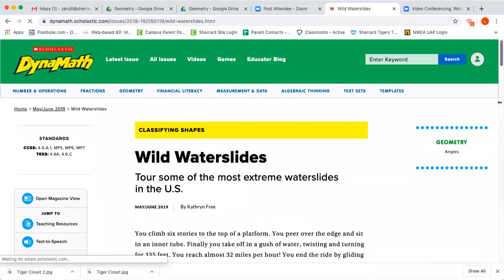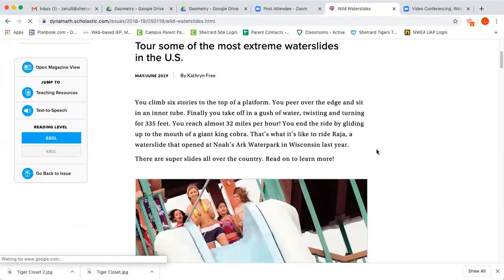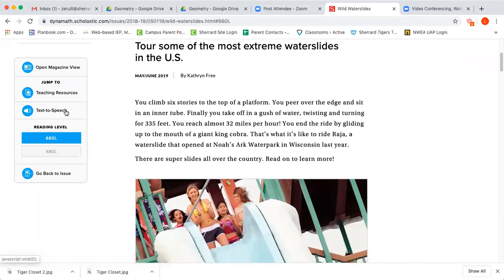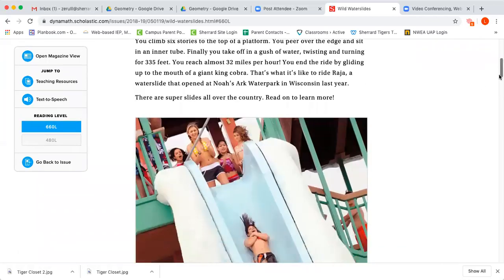And with wild water slides is this little article. Now, just like Newsela, you can come over here and you can change your Lexile level. Okay, so you can be at a 660, you can be at a 480, whatever works best for you. Another wonderful thing is they have this text-to-speech option, so it will read it to you. Take your time, read through it.